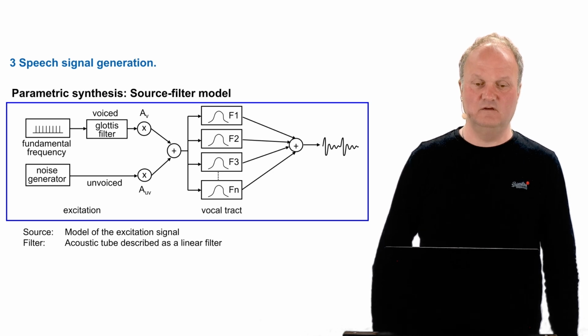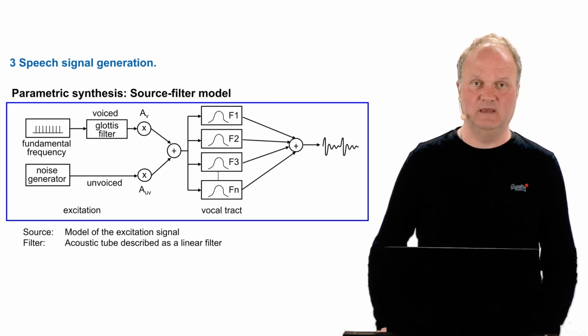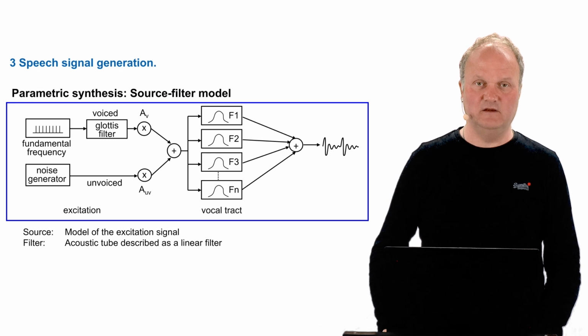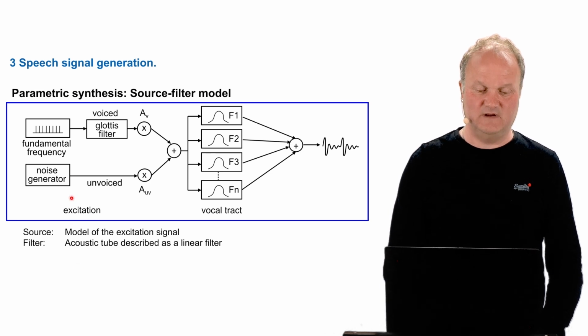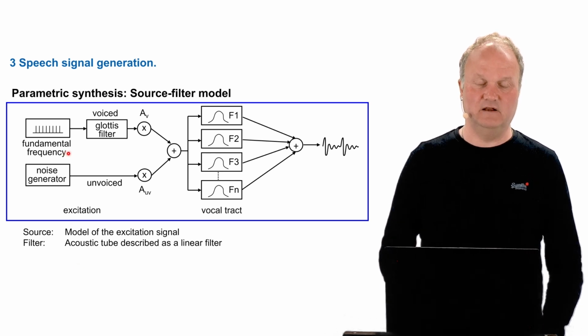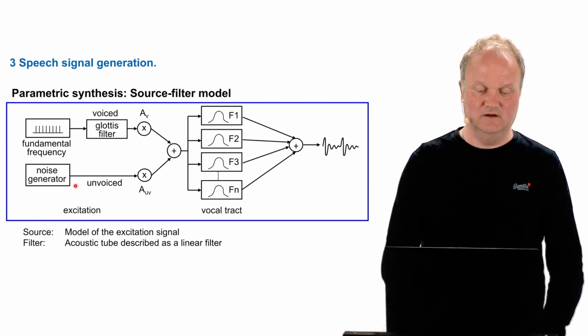The idea is to use a model of the speech production process, for example, the source filter model depicted here, and feed that model with parameter values which can be determined by rules. For example, a vowel can be generated with a certain fundamental frequency, so we have to put a value to the fundamental frequency. A consonant may be generated with some noise excitation signal.